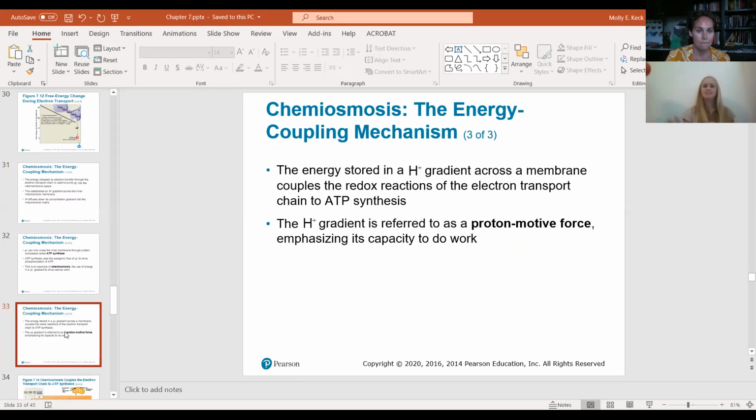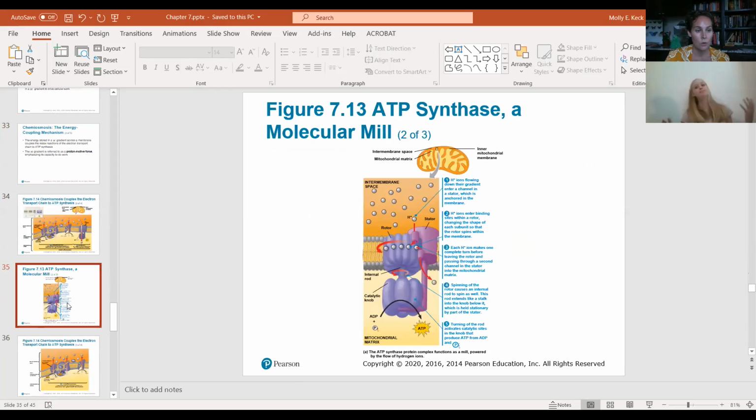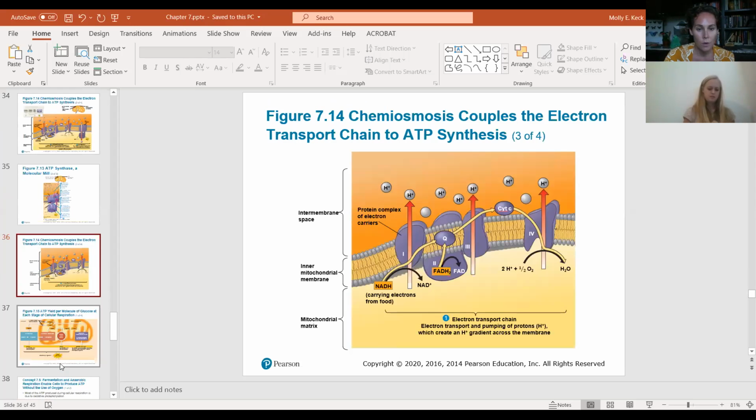That's just another version of the way it looks. There is an animation of what it looks like three-dimensionally, like an electron microscope version of it, and it really does kind of look like that, like a little crank that turns and turns and turns. So yeah, that's the same picture.